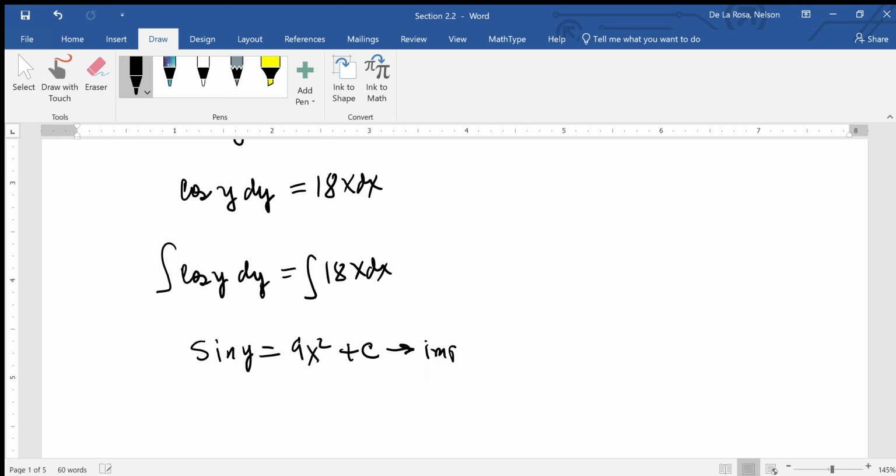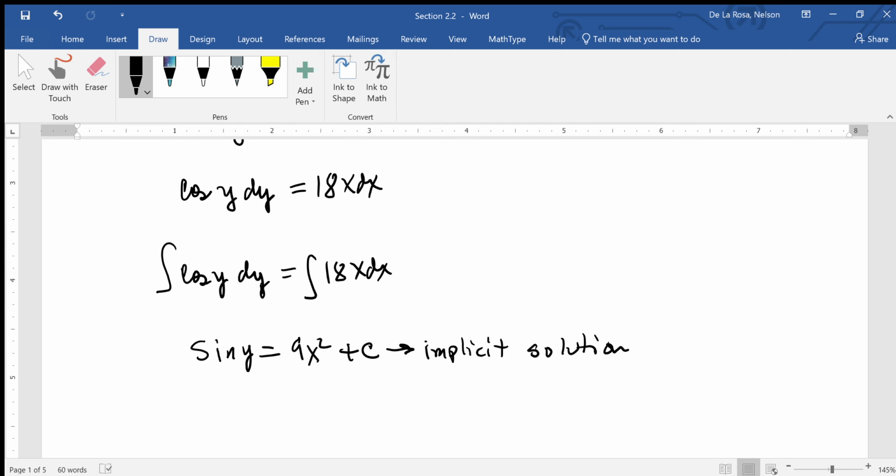Now, this solution is implicit because y is not isolated. We need to find the explicit solution. Then we have to isolate y. We need to leave y alone.